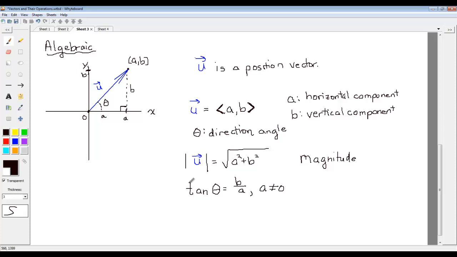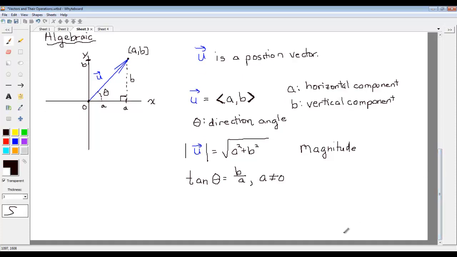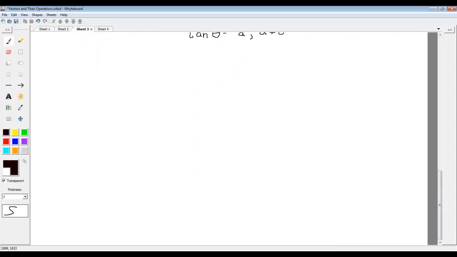So we're looking at what's the angle coming off of the positive x-axis in that counterclockwise direction. And that's going to be our direction angle. So we've got to look closely at that. Okay, so let's do a problem or two where we're working with these formulas basically.